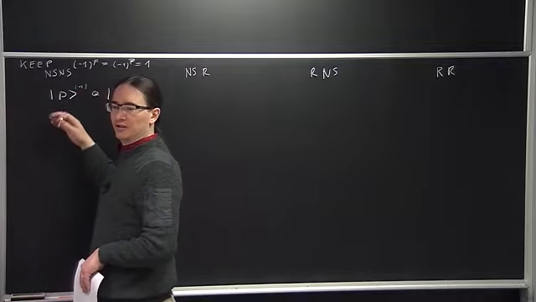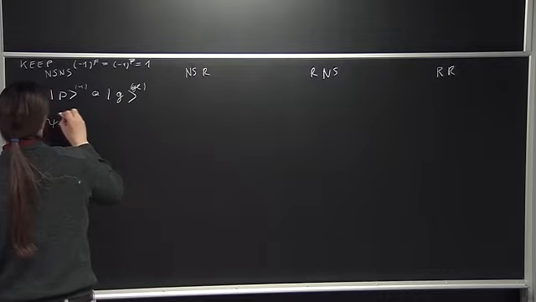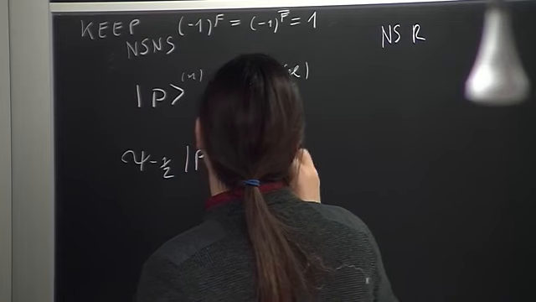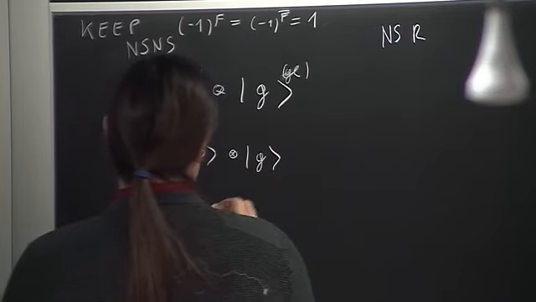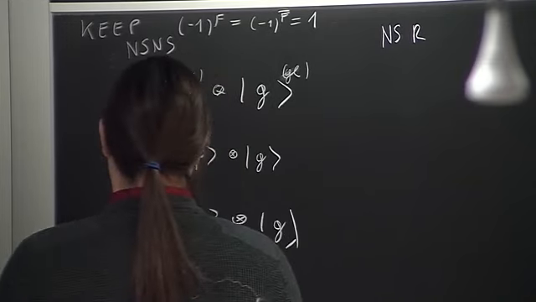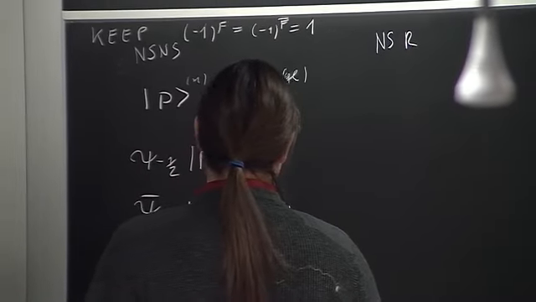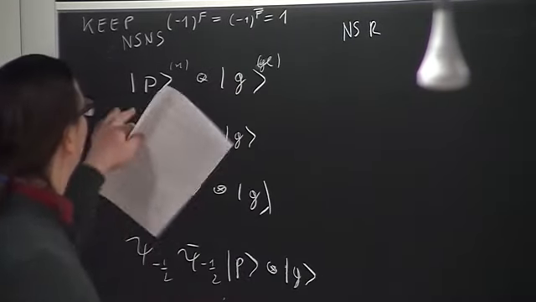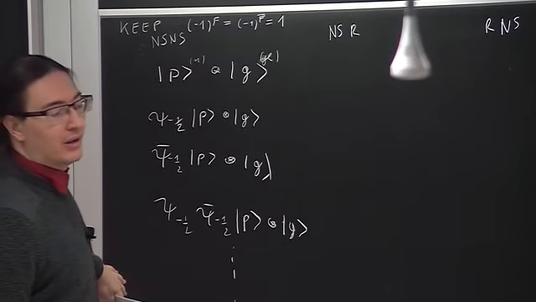Let me just put the ground state here. And then there is a Fock space that you build by acting with oscillators, things like psi -1/2 |p⟩ tensor |g⟩, psi bar -1/2 |p⟩ tensor |g⟩, psi -1/2 psi bar -1/2 acting on |p⟩ tensor |g⟩, etc. So this will be the Fock space before the GSO projector. Now I need to GSO project.